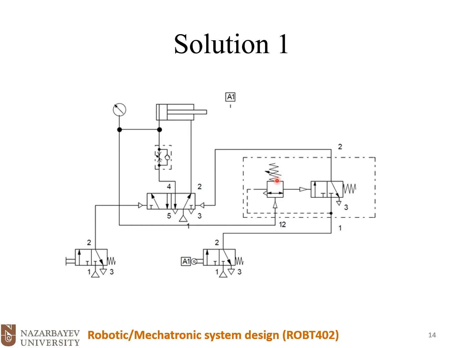So once it reaches 4 bar, this valve here will let the air pass from port 1 to port 2, and the main valve will be activated.